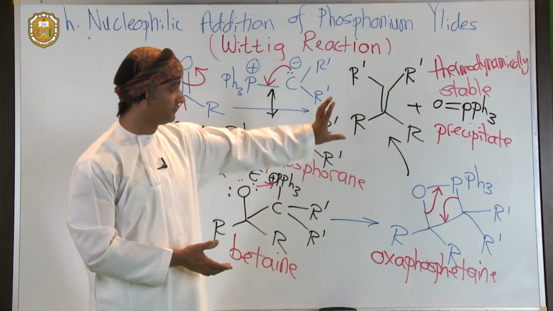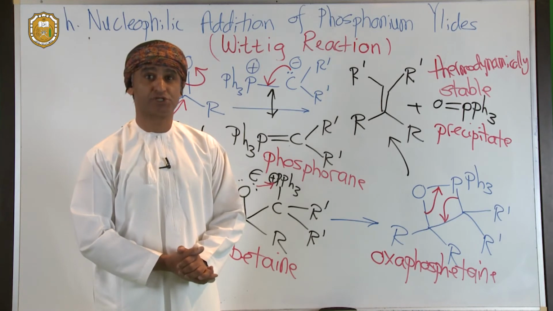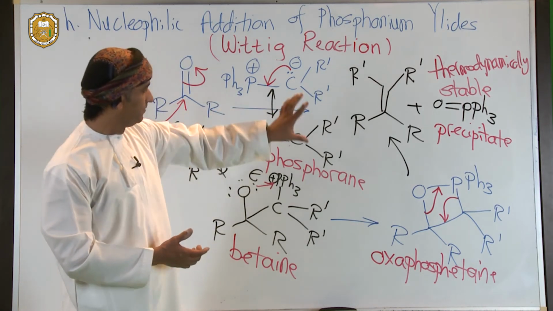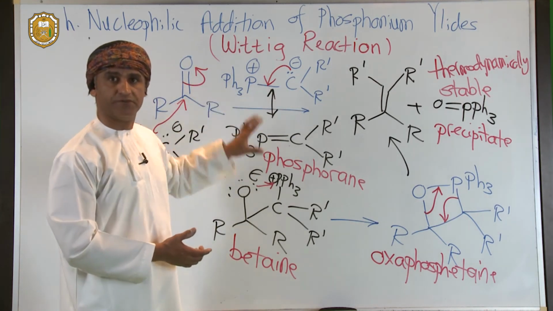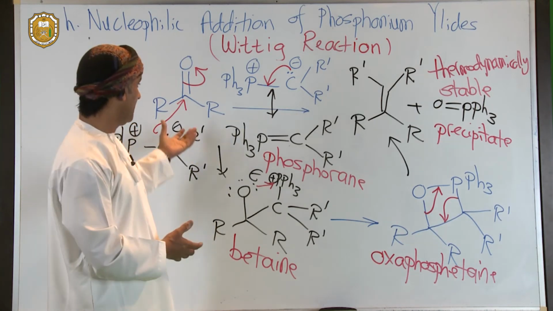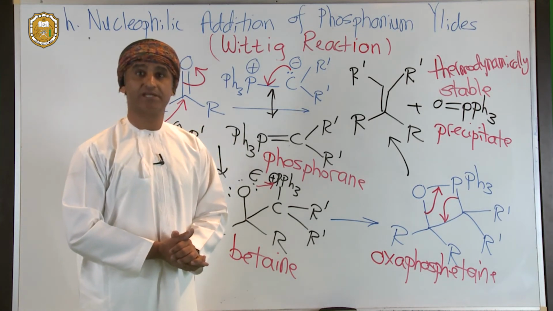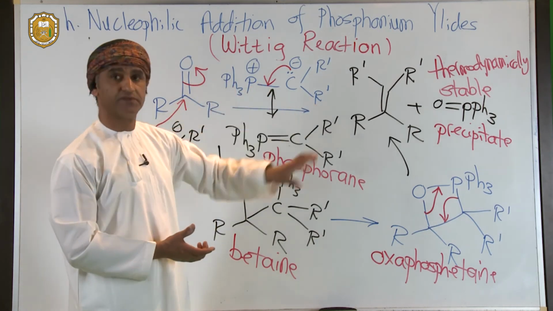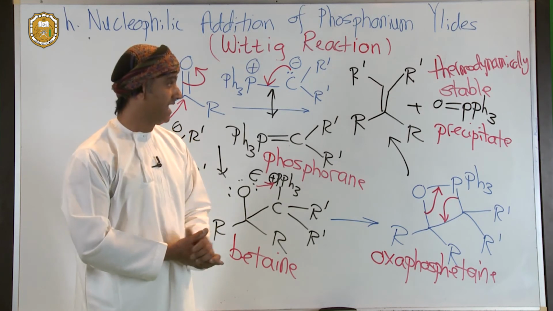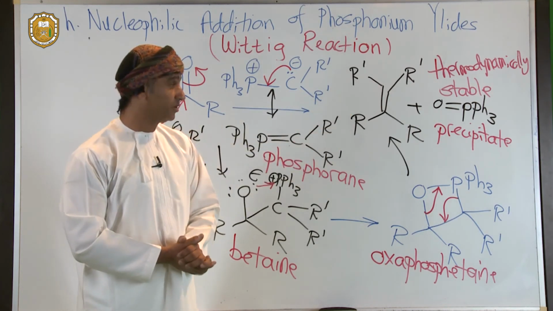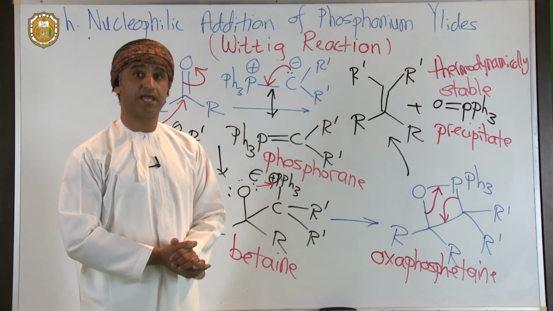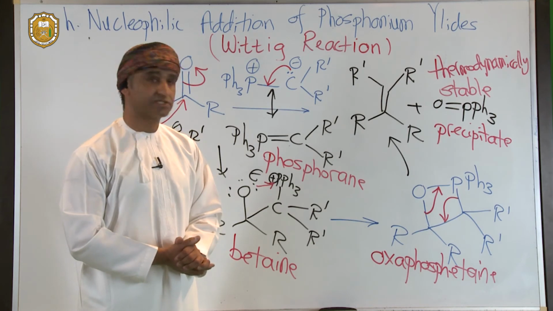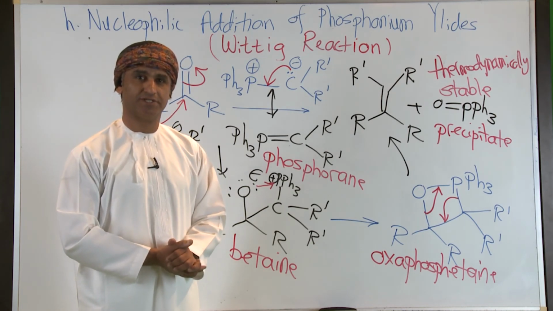So this is the thermodynamic push for the Wittig reaction. To take an overview of this reaction, aldehydes and ketones react with phosphonium ylides in a nucleophilic addition reaction to give the alkene product and triphenylphosphine oxide, which is thermodynamically stable. That's due to the incredible thermodynamic strength of the phosphorus-oxygen double bond.